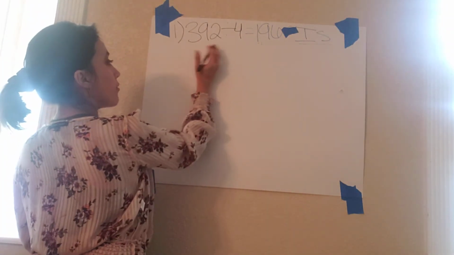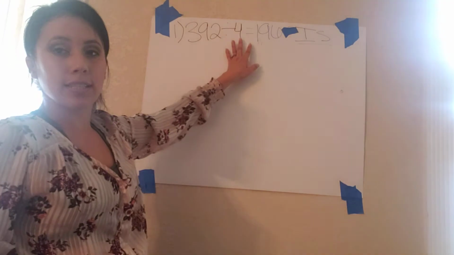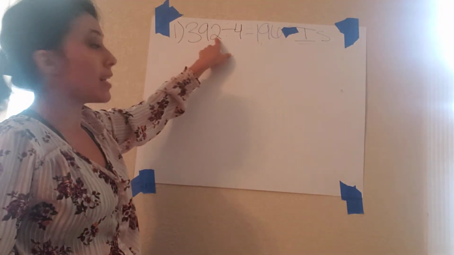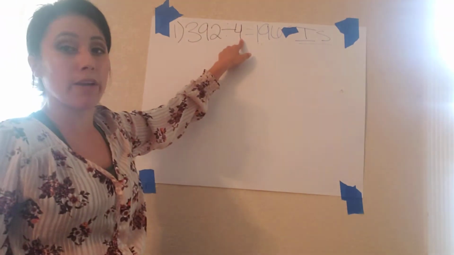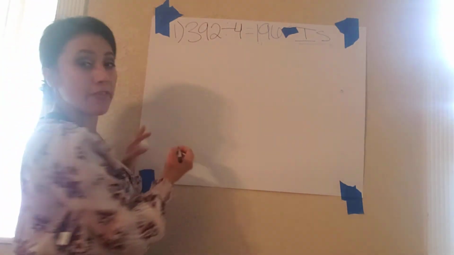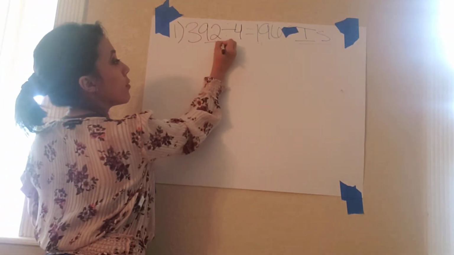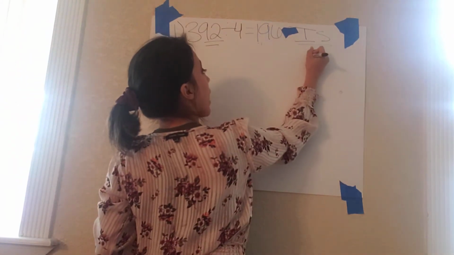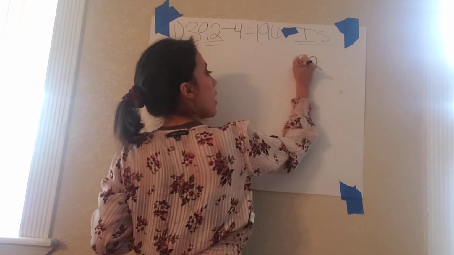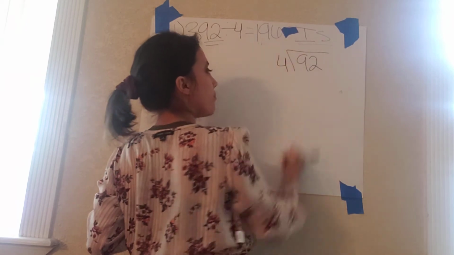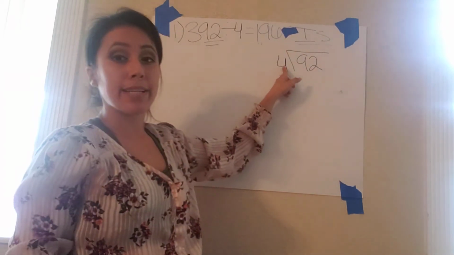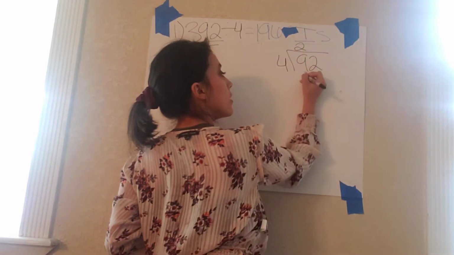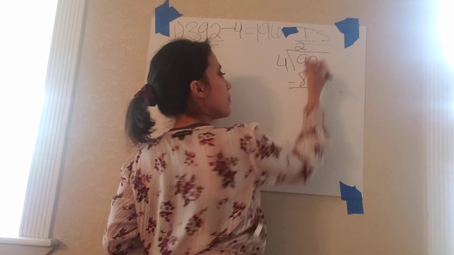So first we'll see if it is divisible. So we're trying to find if 392 is divisible by 4. And remember, to see if it is divisible by 4, we have to take the last 2 numbers, so 92, and divide that by 4. So how many times does 4 go into 9? We know 4 times 2 equals 8.